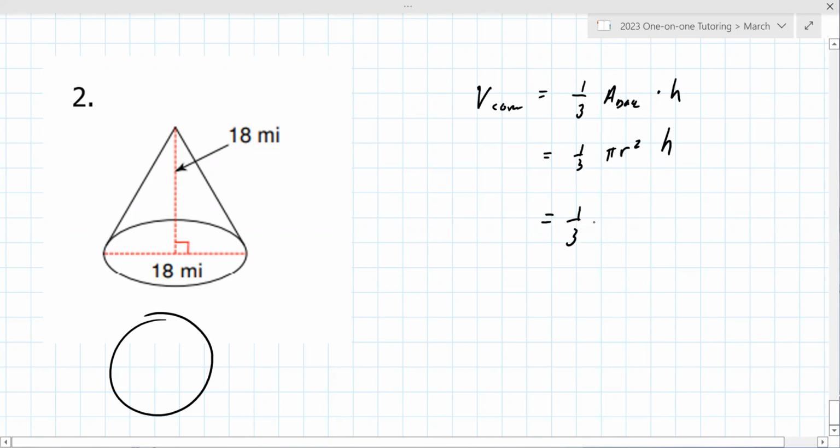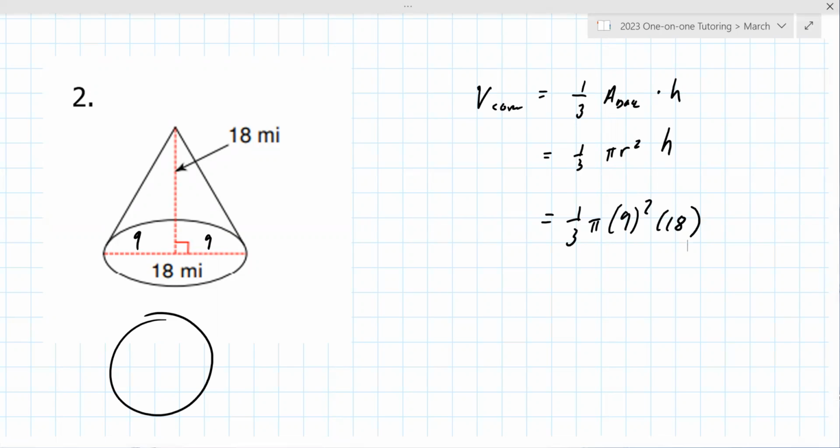So it's 1/3 pi 9 squared, because the radius is 9, and the height is 18. And these are rounded answers, or is there like a whole number? Because sometimes you just leave it in terms of pi. I think we just rounded. Okay. Very good.